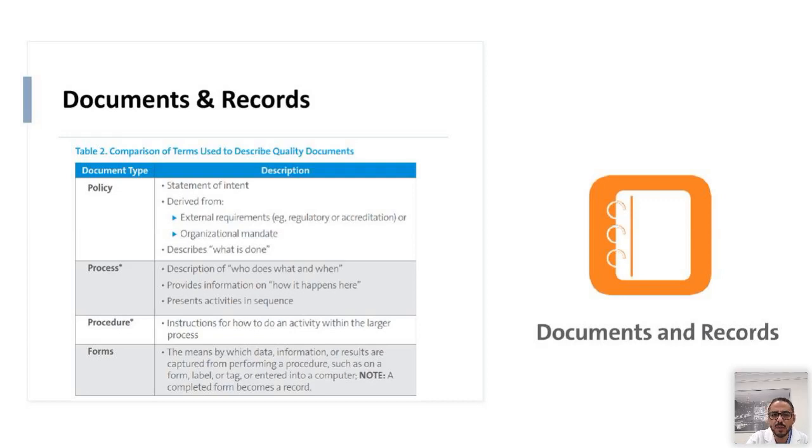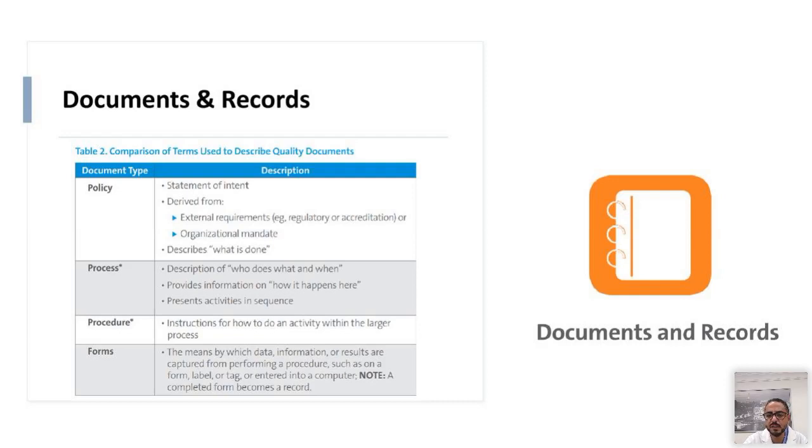So a policy, for example, is a statement of intent. It's a high-level document. It describes what is done in a very simple format. That is the policy, your commitment to conducting a certain procedure. A process is a description of who does what and when. That is the process for how to execute this policy, and it provides information on how it happens here.